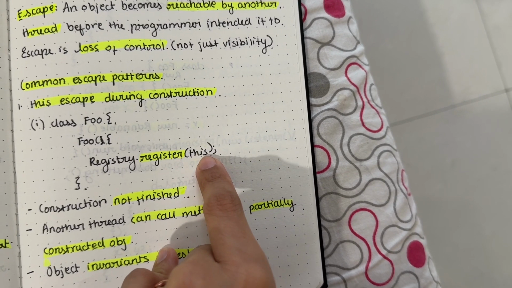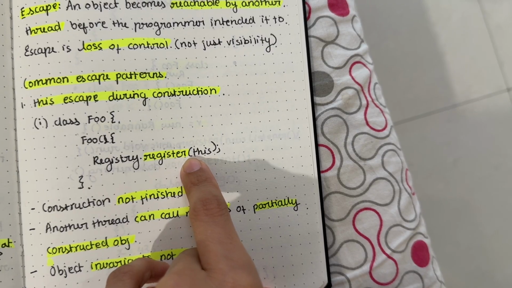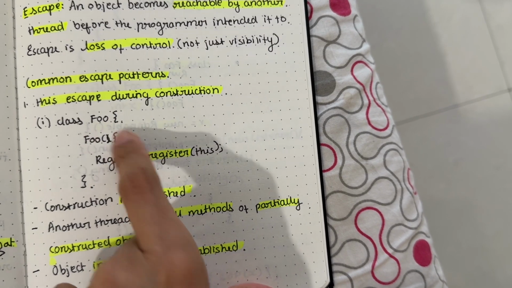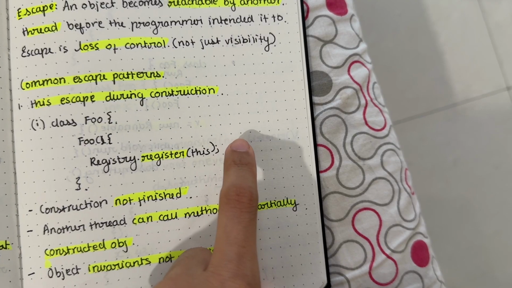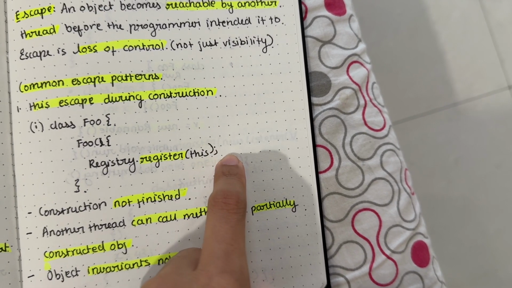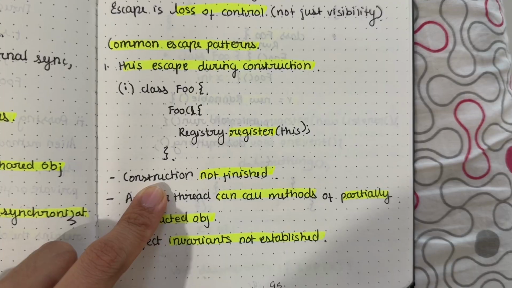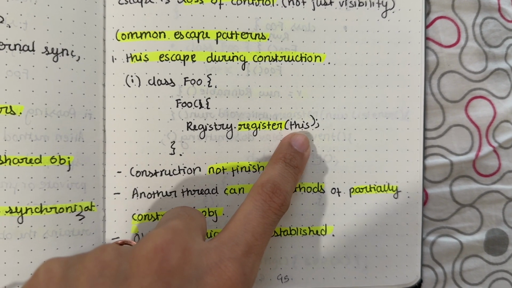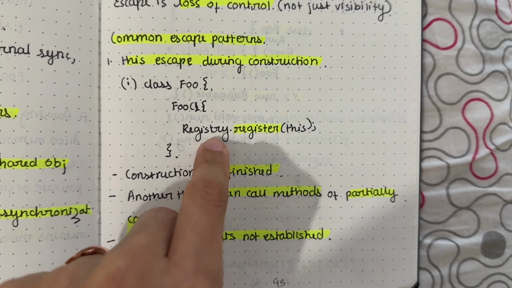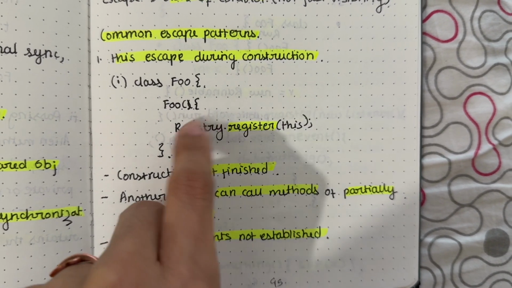And there can be a case like if after registration immediately some thread can call the methods of foo class, and at this stage it can call methods on a partially constructed object, which is not correct. So we can say that this object has escaped its scope and it was not intended by the programmer for this to escape at this point.